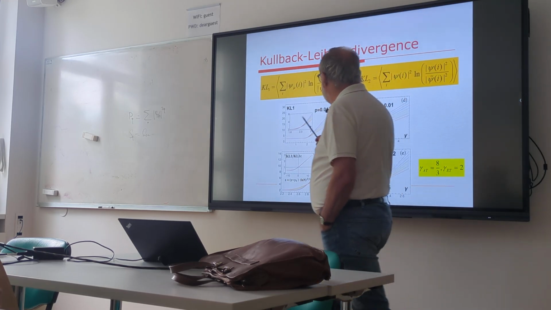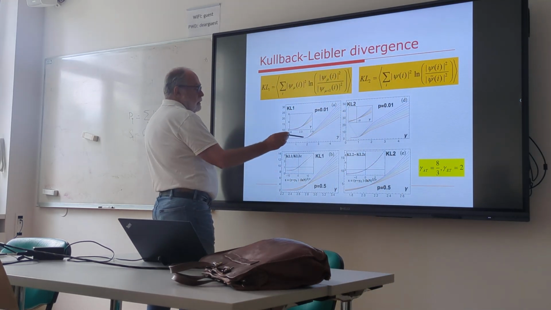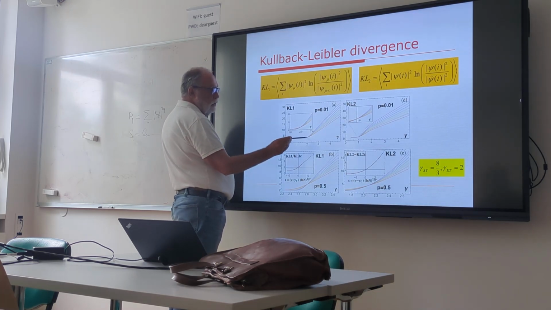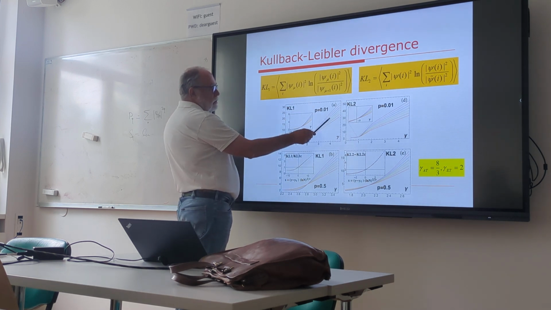And so you see what happens. If I take this measure, I see only the localization transition. I don't see a transition here. So when I cross this point, gamma equal 2, this measure starts to diverge.